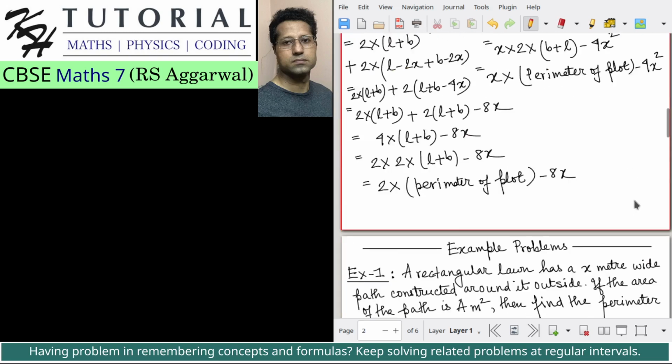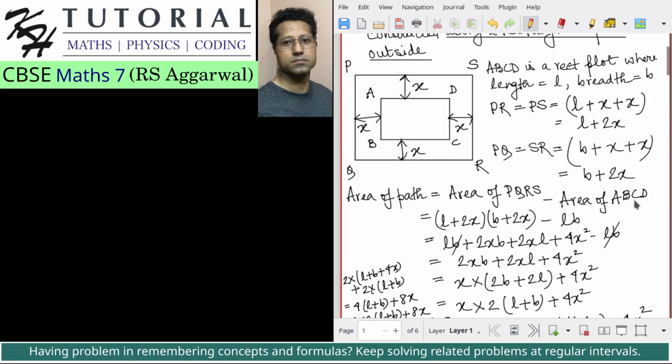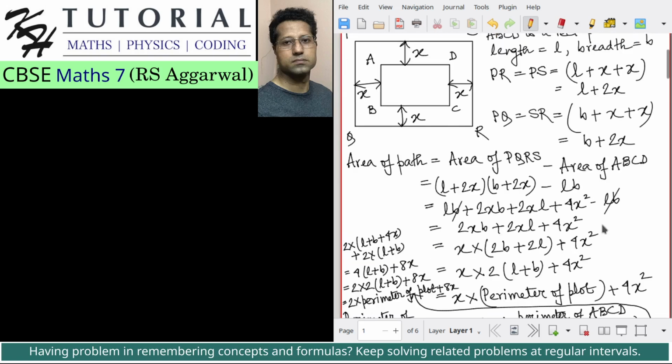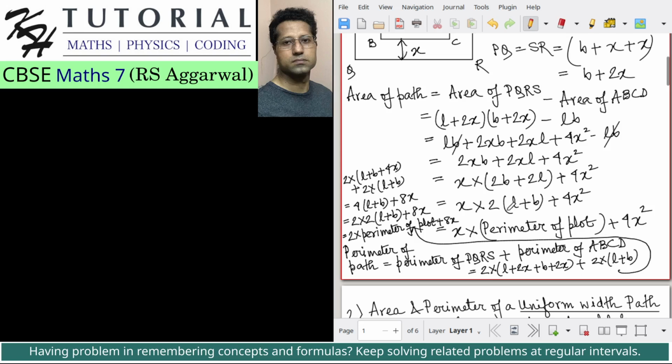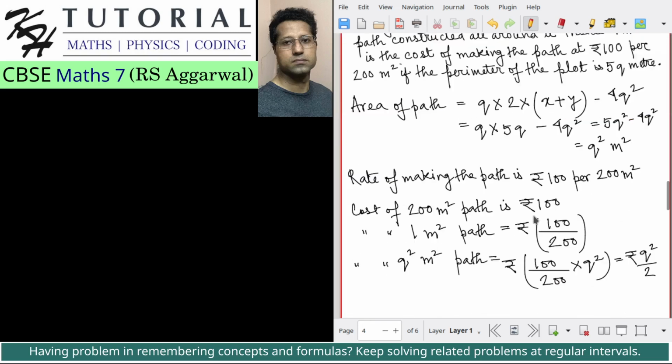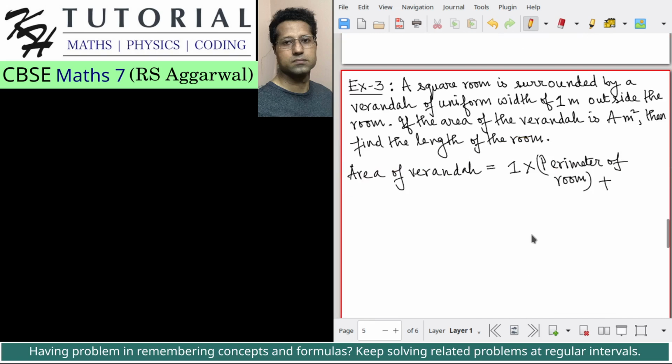When the path is outside the rectangular plot, the area is x multiplied by the perimeter of the plot plus 4x square, where x is the uniform width of the path. In this problem, the path is the veranda and the uniform width is 1 meter, so x is 1. So 1 into the perimeter of the room plus 4 into 1 square.